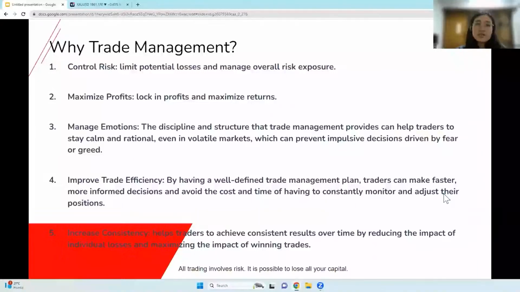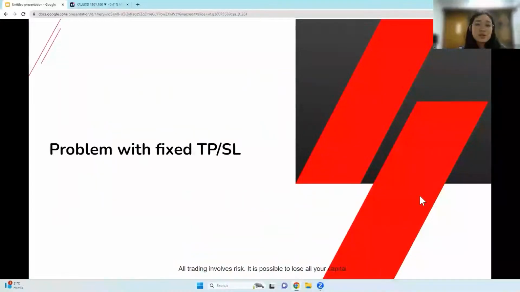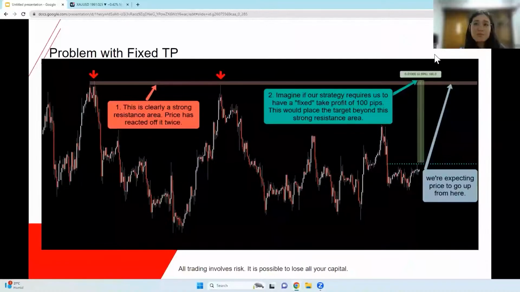Okay, the problem with a fixed take profit or stop loss. Let's take a look at this example. The red area shows a strong resistance area since there have been 2 swing highs in line with this level.